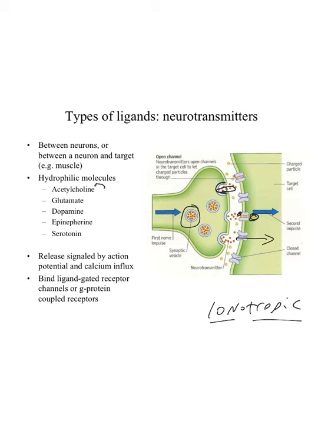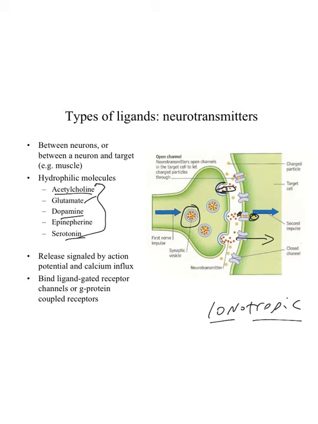So what kinds of hydrophilic molecules can do neurotransmission? It's amino acids, simple ones like glutamate, for example, can be neurotransmitters. I bet you didn't know that amino acids can also be neurotransmitters. That's kind of bizarre. Or things like acetylcholine, dopamine, serotonin, etc. What they all have in common is they're hydrophilic.